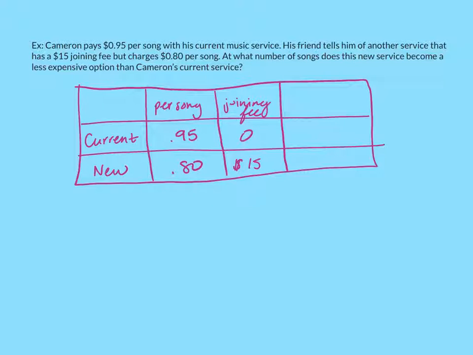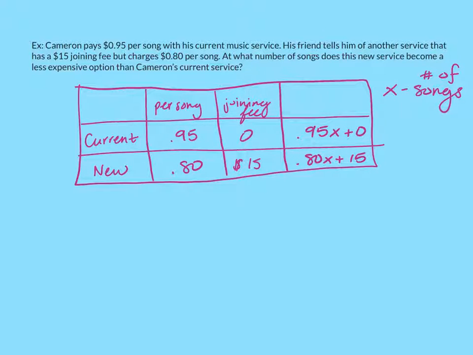So if we say that x is the variable of songs, so the number of songs, we can say that 0.95 times x plus 0 must be the total cost for Cameron, and 0.80x plus 15 must be the total cost if he went to the new service.